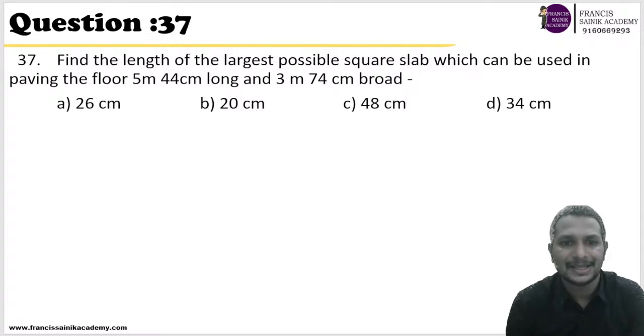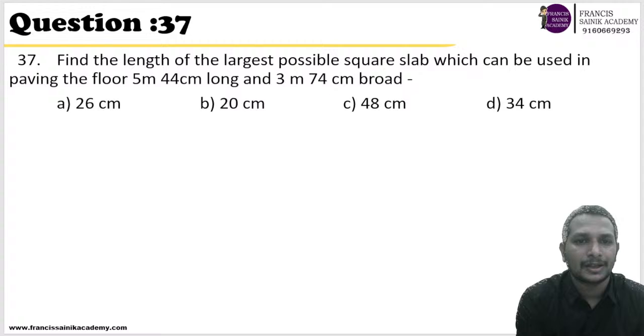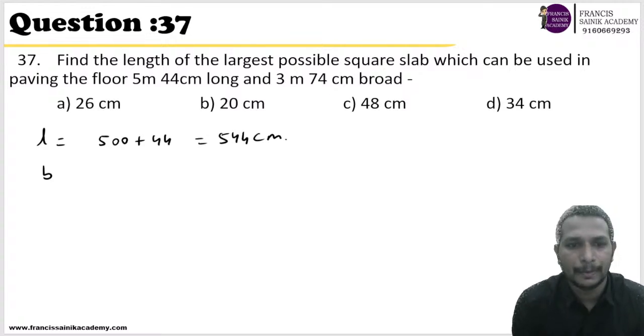Next question, number 37. Largest positive square which can be used to pave a floor. First thing you need to do is convert both of them into centimeters. The length is given as 500 and the breadth is 100 centimeters.